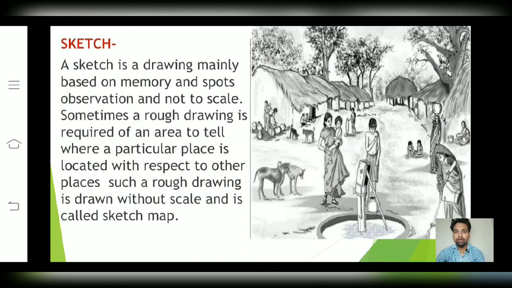So you are not expert at locating any place at its original position. Where a particular place is located with respect to other places, such a rough drawing is drawn without a scale, and this type of drawing is called a sketch map.